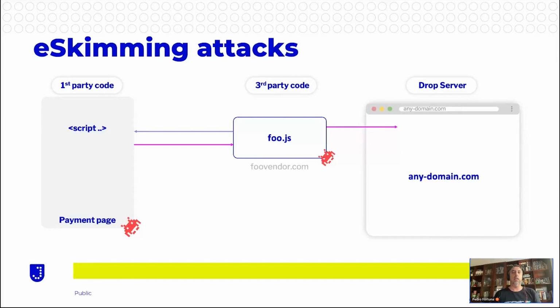For instance, they can send information to the server that has been compromised. The attackers probably have a foothold on that server as they managed to change the JavaScript. They could also be in control of that server. They can just exfiltrate the data to that server and from there to any other domain.